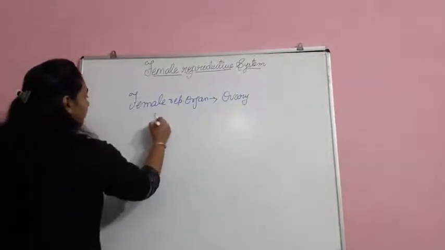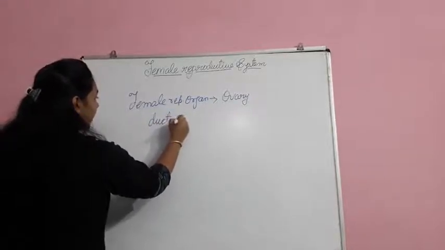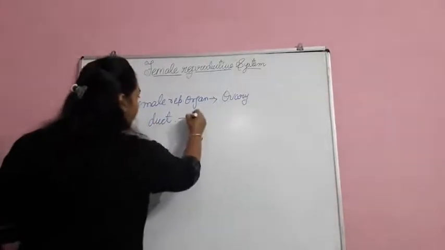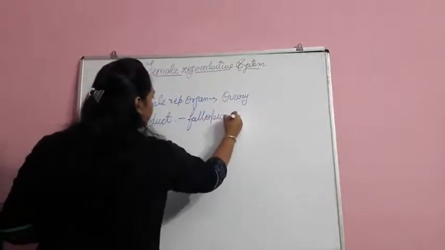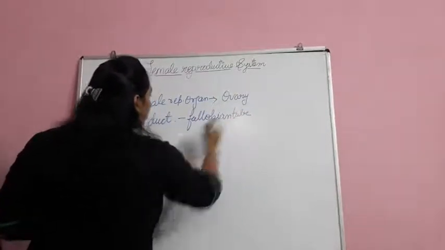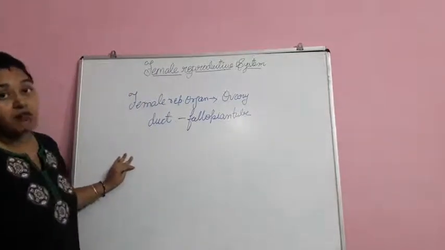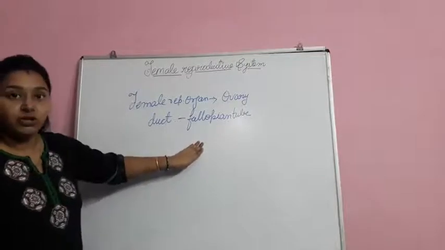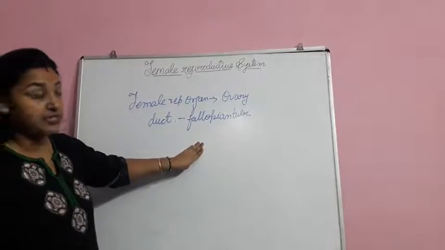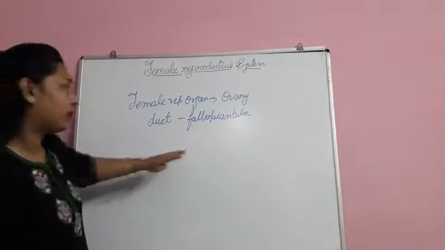Then in the human female body there is a duct, and this duct is called the fallopian tube. Through this fallopian tube the ovum comes out from the ovary, and at this place only fertilization happens, at a particular specific area.